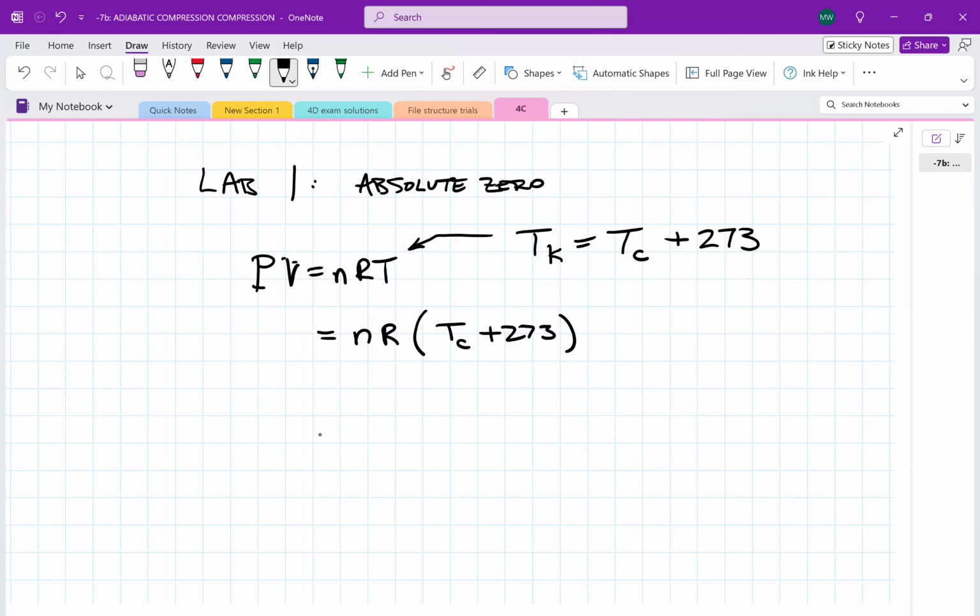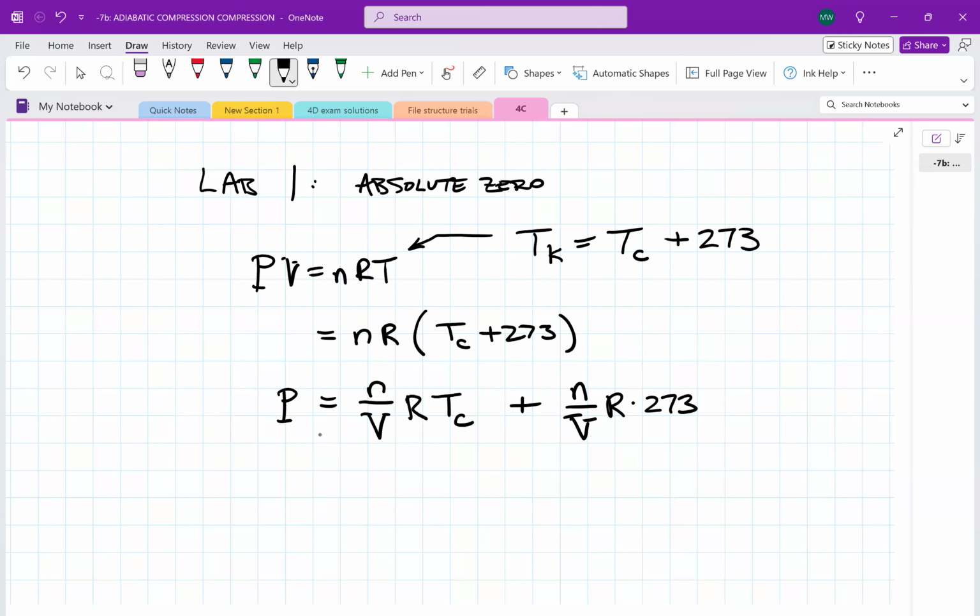Now, if I factor the nR through and I divide the V on the underneath, I end up with n divided by V times R times the centigrade temperature, and I'm going to put that all through onto the next part, which is added to n over V times R times 273, like so.